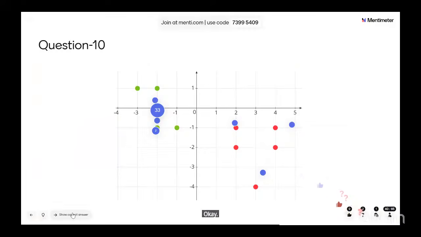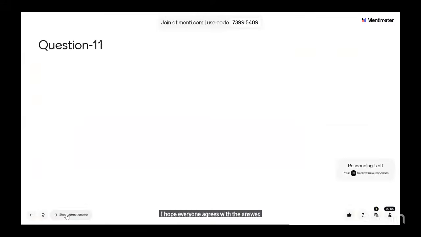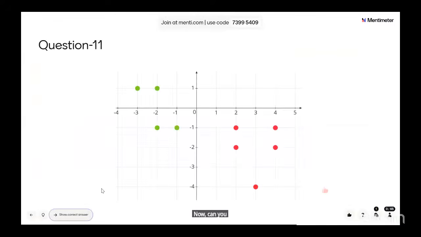Okay, let's see the correct answer here. I hope everyone agrees with the answer. Now, can you let me know the mean of the red cluster here?